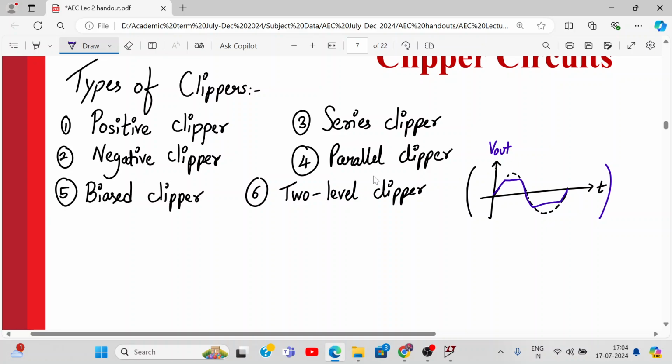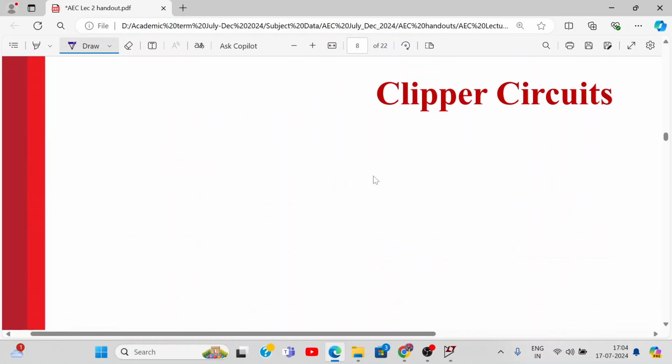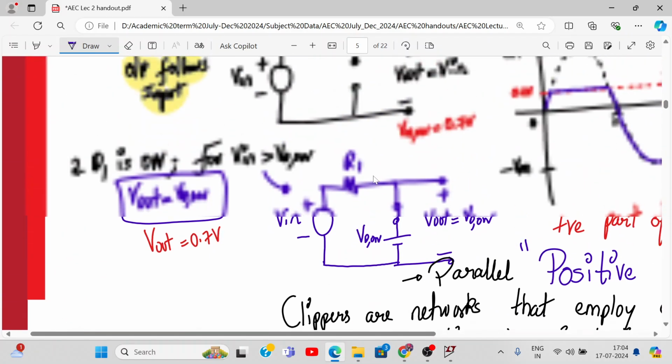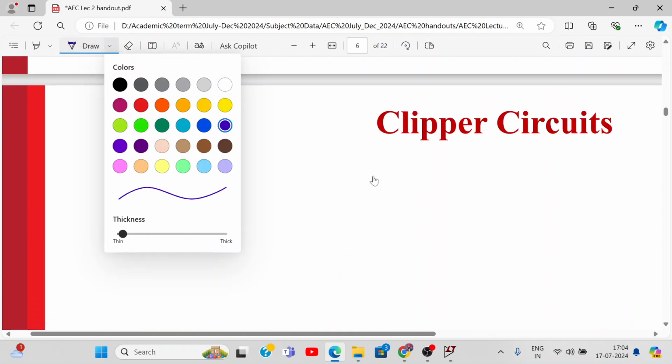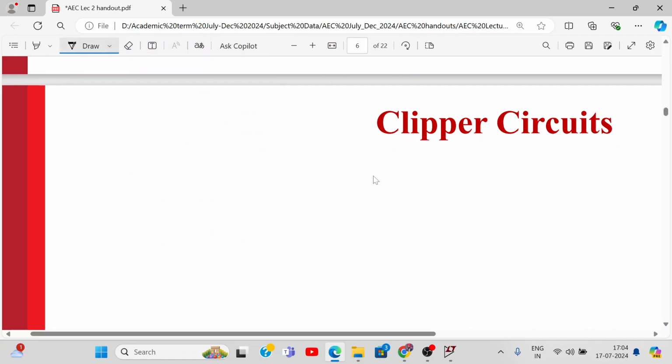All right. Now we move on to the second clipper circuit. Write down clipper number 2. Just draw the circuit along with me.